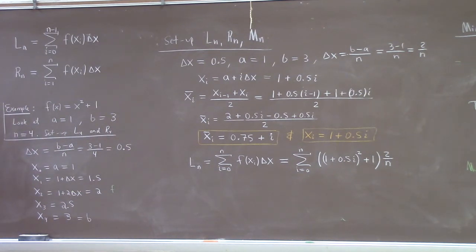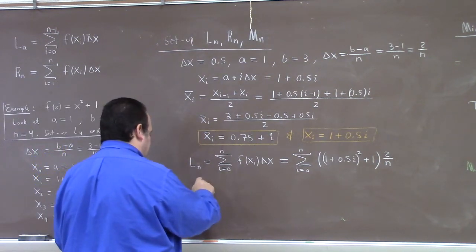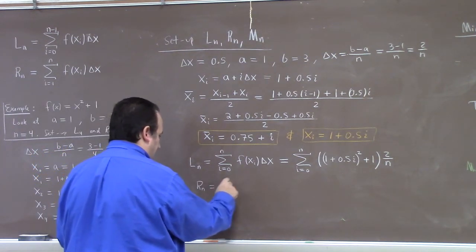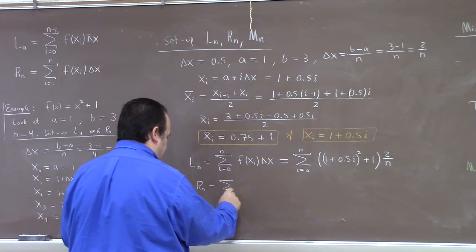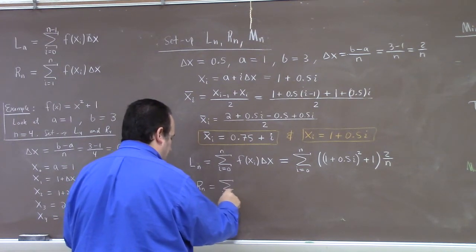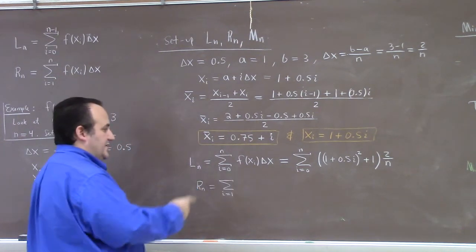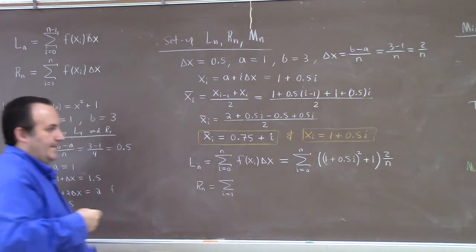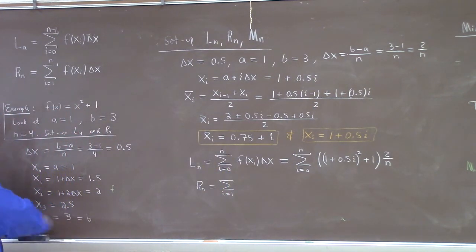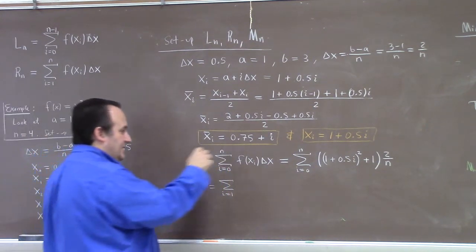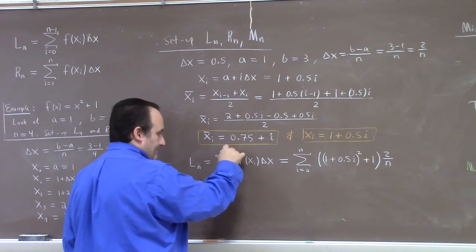And you can put that into Wolfram Alpha and calculate it for whatever n you like. When I got to 100, it only likes to calculate for so long. In contrast, here's Rn. It's pretty much the same, except that the sum goes from 1. Oh, my bad. Was that supposed to go to n? No. It goes to n minus 1 for the left endpoint rule.